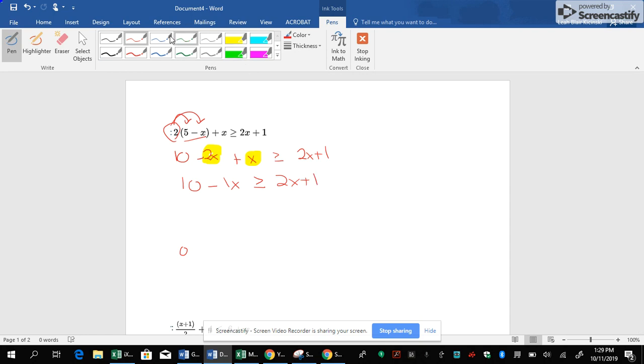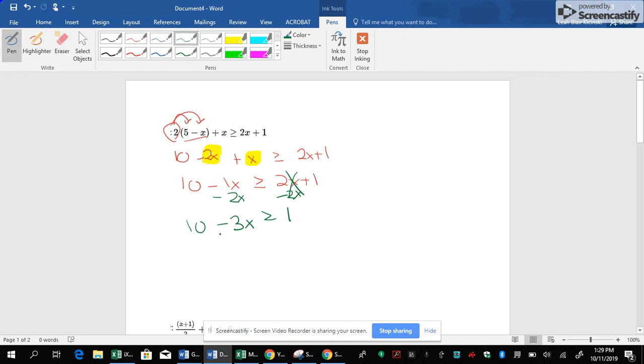At this point, we are going to try to get all of the variables on this left side. So since this is a positive 2x, I'm going to minus 2x from each side. I'm going to line up the variables. So on this side, those x's cancel out, and I just have a 1. And on this side, I have negative 1 and negative 2 make negative 3x.